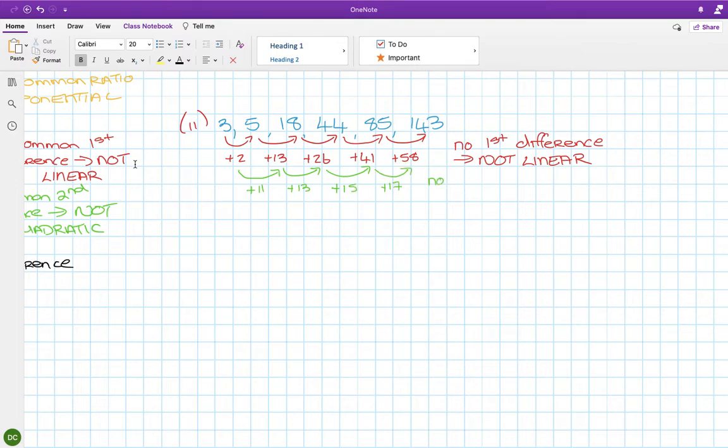So we have no common second difference. So that means this sequence is not quadratic. Just realized I left the word common out here.